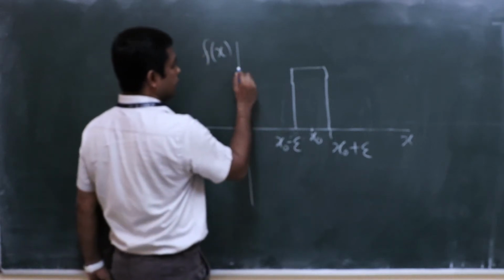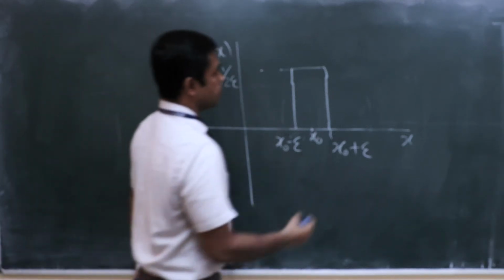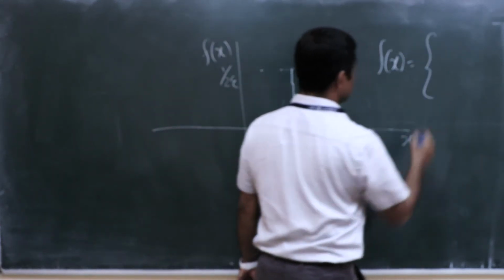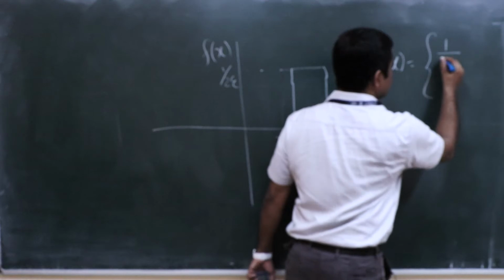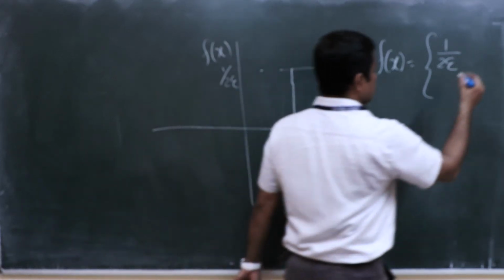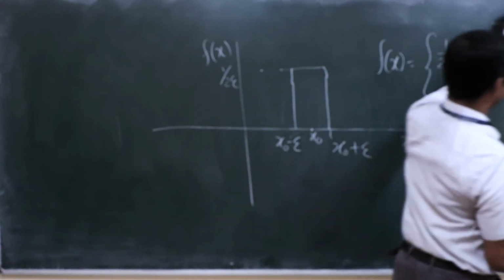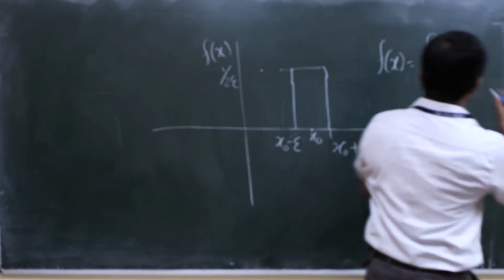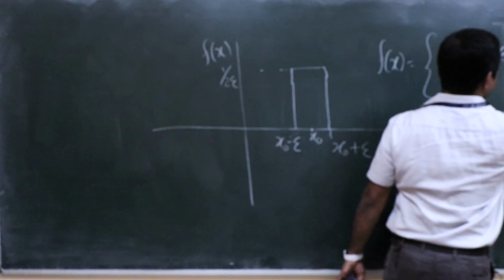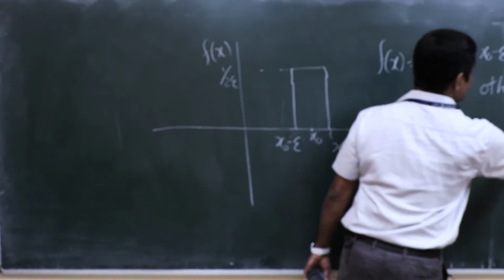1 by 2 epsilon. So if I keep this one as 1 by 2 epsilon, I can define the box function as f of x is equal to, what will you write? 1 by 2 epsilon when x is between x0 minus epsilon and x0 plus epsilon, 0 otherwise.